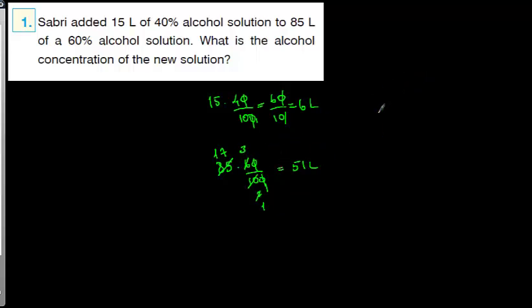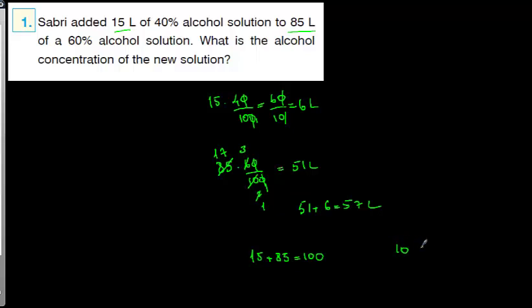So how much alcohol do we have now totally? 51 plus 6, which is equal to 57 liters, isn't it? 57 liters. And at the beginning we have the alcohol solutions, 15 and 85, and it's asking what is the concentration of the new solution. When you mix them, you get 15 liters of alcohol solution plus 85 liters of alcohol solution, totally 100 liters of alcohol solution, isn't it?